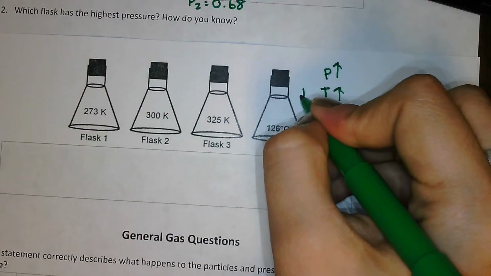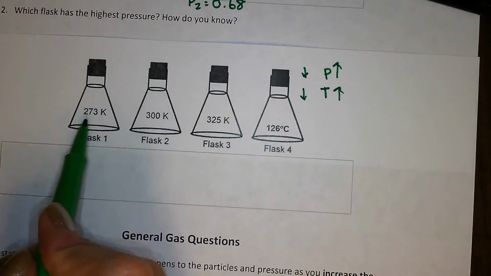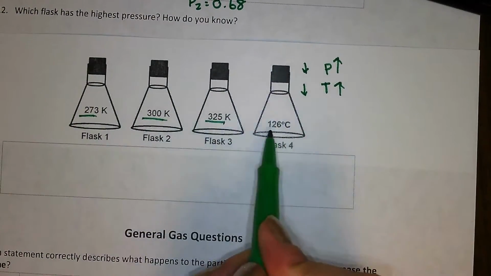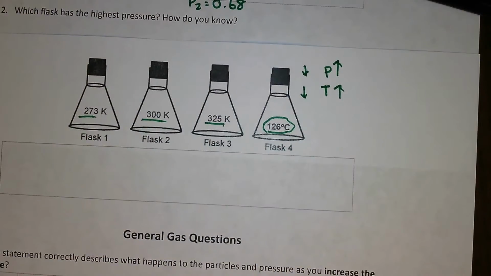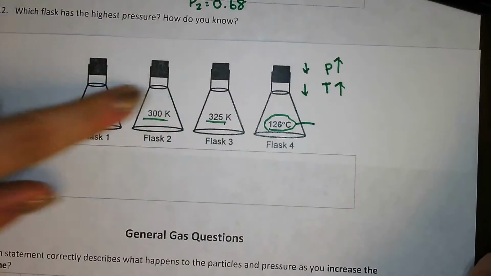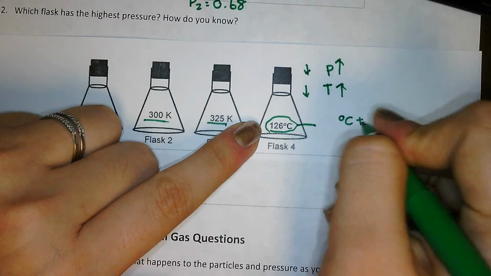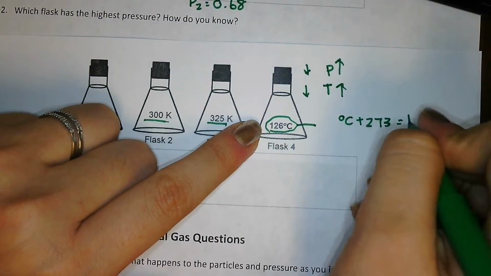If I decrease temperature, my pressure is going to decrease. Again, they gave me some temperatures, but look, this one is in Celsius. They're trying to trick me. So I have to turn this one into Kelvin so I can compare it to the rest. How I do that is degrees Celsius plus 273 is equal to Kelvin.